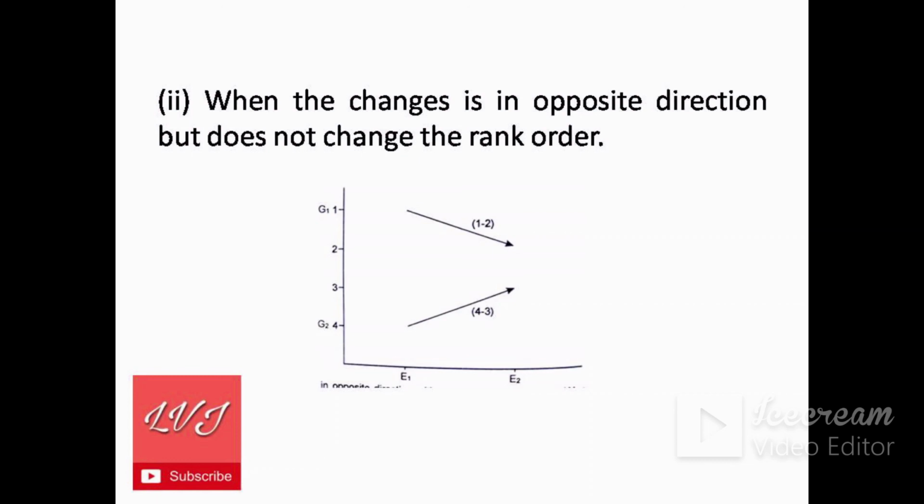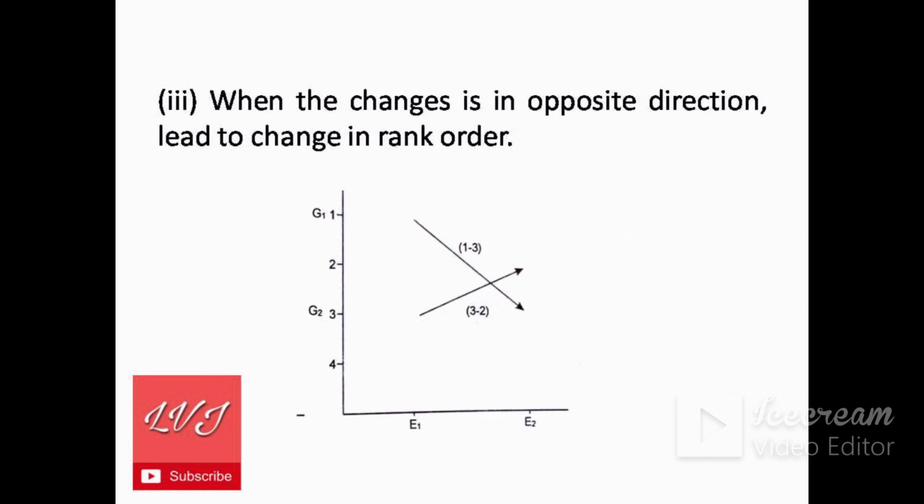So the change is in the opposite direction, but there is no change in the rank order. The G1 genotype is on the top, having first rank in both environments, so there is no change in the rank order.